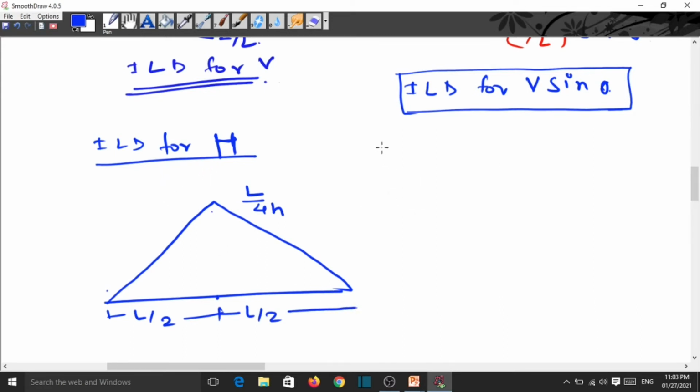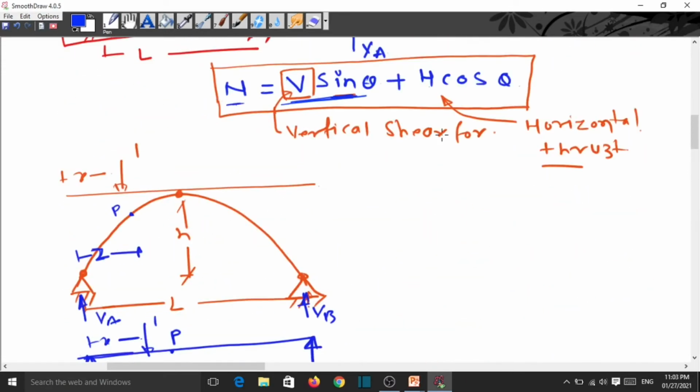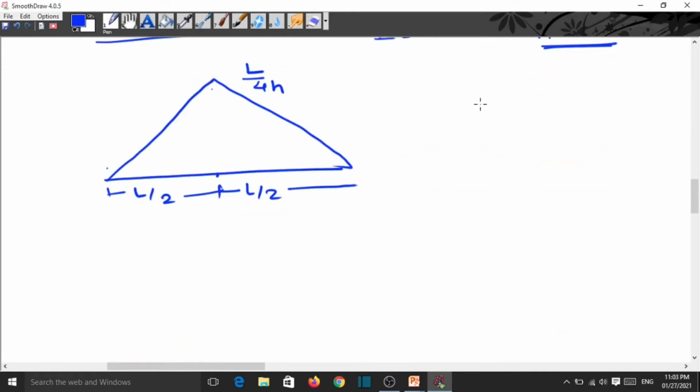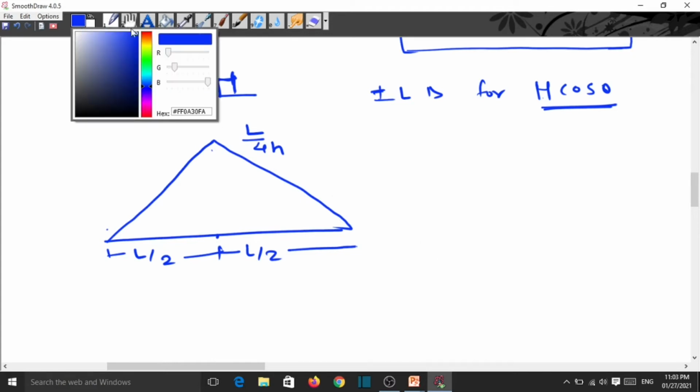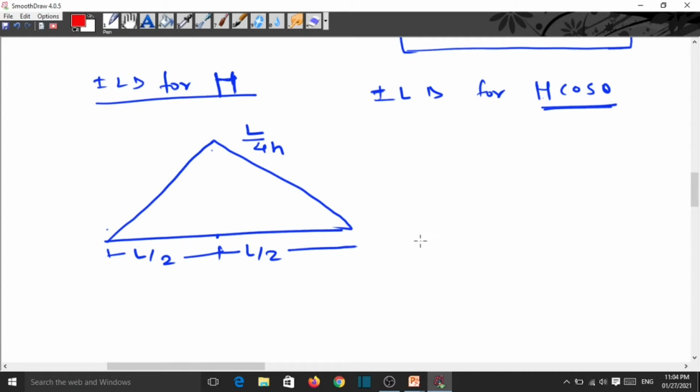Now for the ILD for h cos theta, we want the ILD for this h cos theta. So multiply this ordinate with h cos theta. This becomes like this, suppose. So we modify this ILD like this.